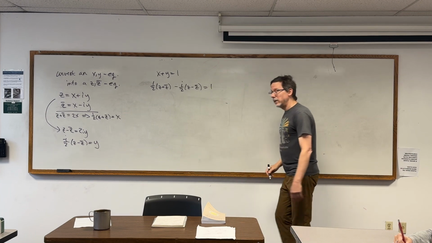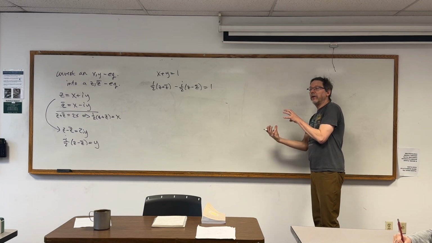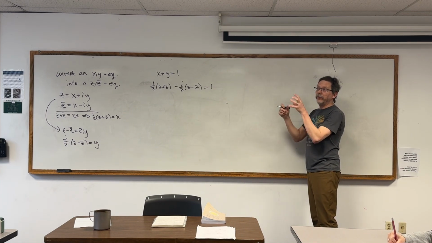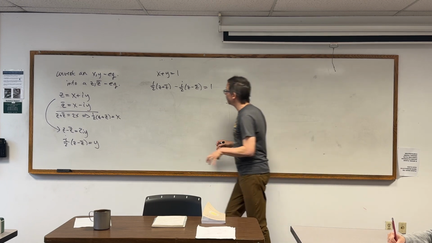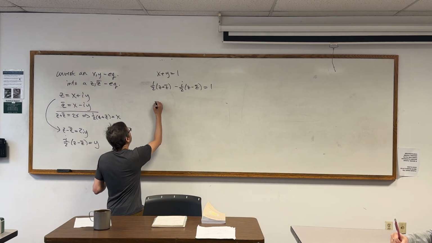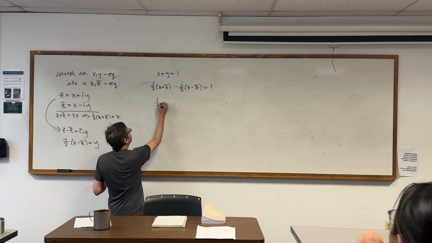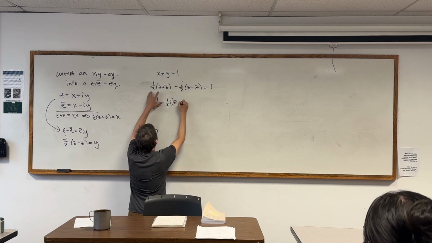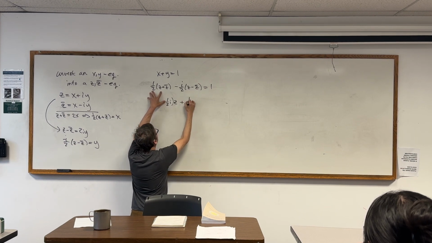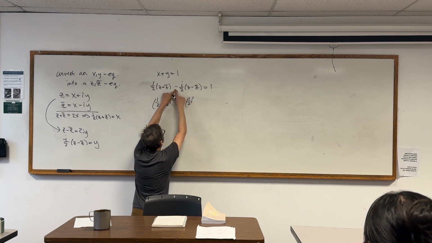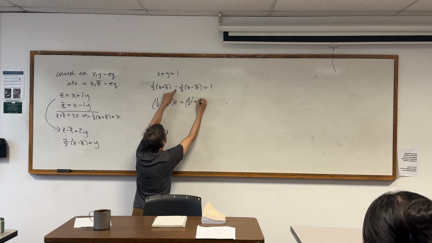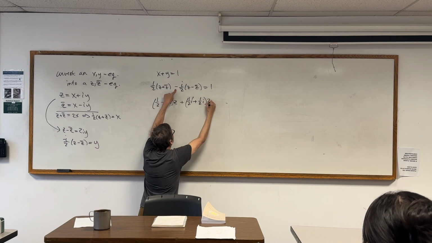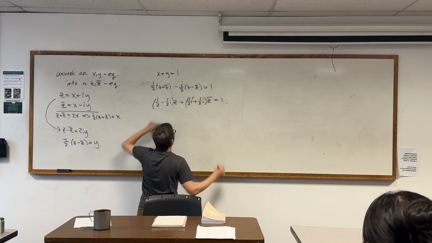I'm going to replace y with this expression, so it becomes minus i over 2 (z minus z bar) equals 1. And then I'm going to group together by z and z bar and use those as my signposts. So this becomes, let's see, half a z minus half an i z from there, and then plus half a z bar, minus, which is plus half i z bar equals 1.